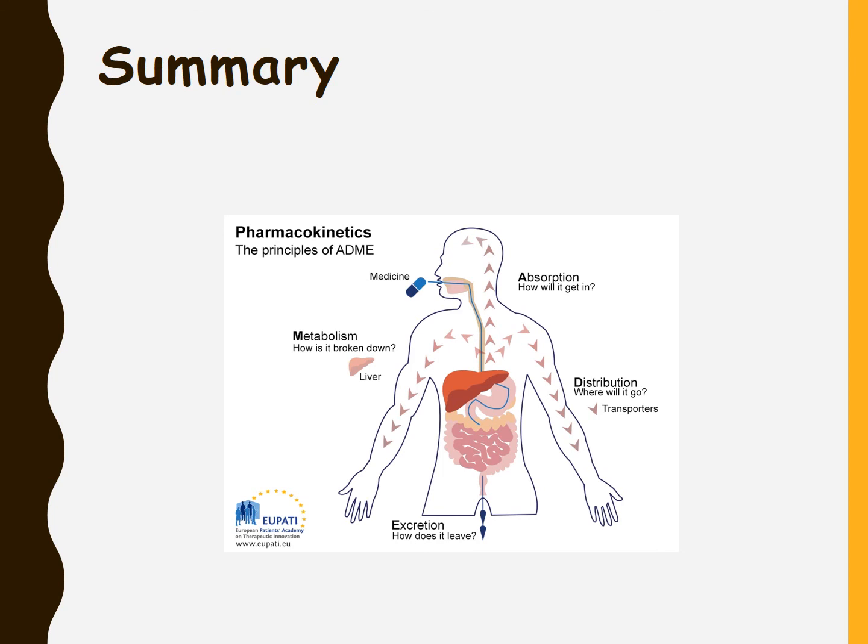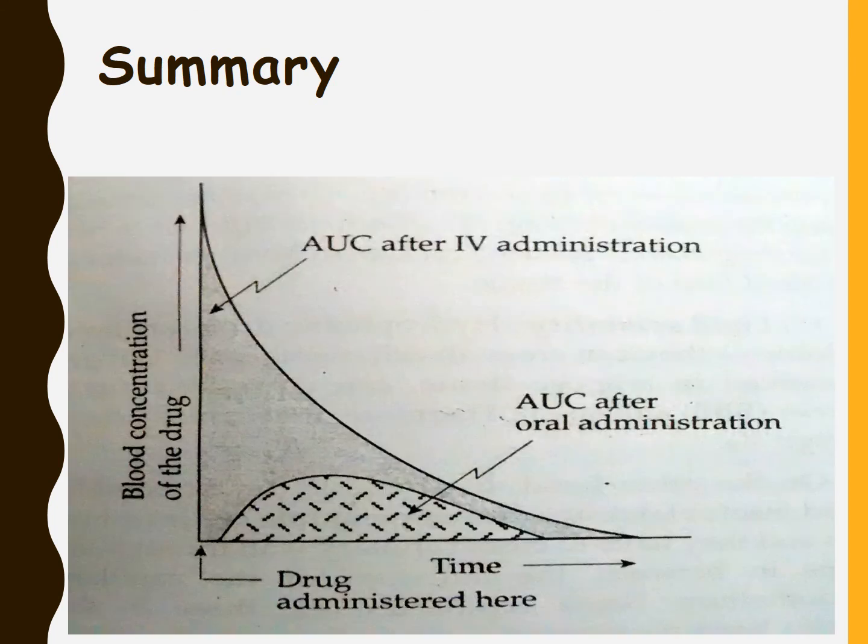And when we consider absorption, it is the absorption of a drug from the site of absorption to the systemic circulation. There are different factors which affect this absorption, and for a drug, we can find the rate and extent by a term called bioavailability.